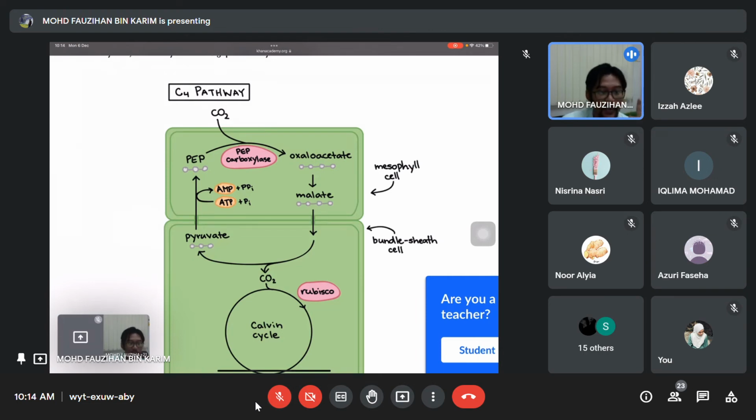Alright, so here Rubisco will start functioning. In the bundle sheath, oxygen cannot enter. There is no oxygen that can penetrate into the bundle sheath cell. So the only substrate that Rubisco can fix is carbon dioxide. Because of what?